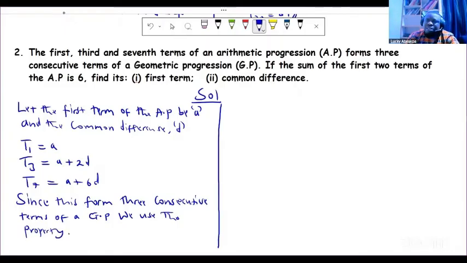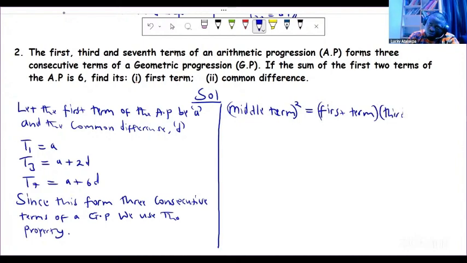And what's that property? The property is that the square of the middle term is the product of the first and the third term. So, what is the middle term?